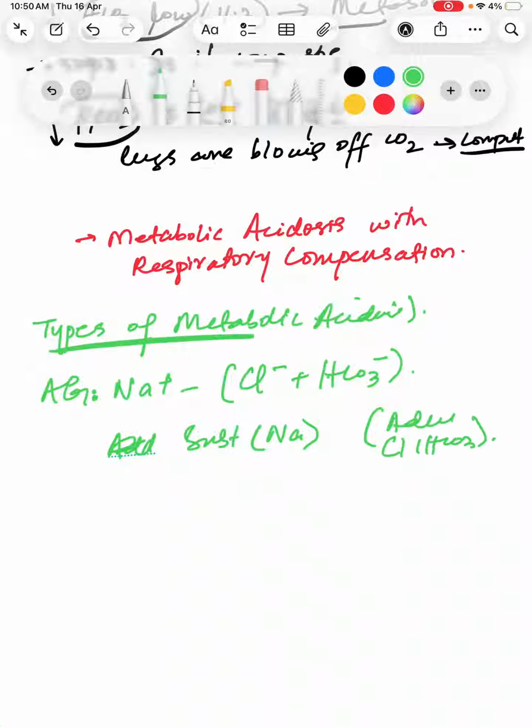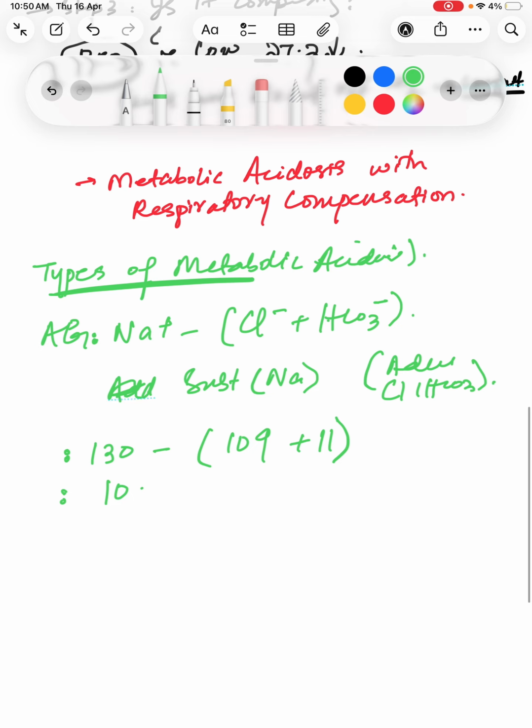Okay. So here in the report we are having the value of sodium as 130, chloride is 109, and HCO3 is 11. So we get the value 10. The normal anion gap, we should remember this, is 8 to 12. Here the value is 10, so this is normal anion gap.